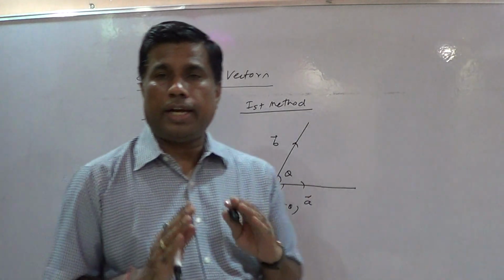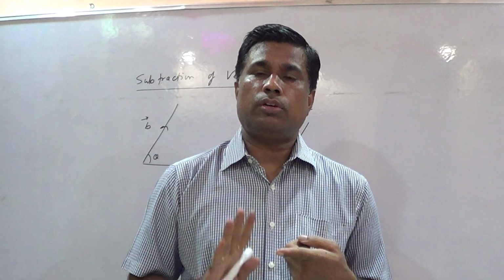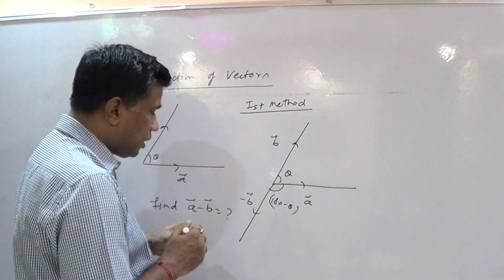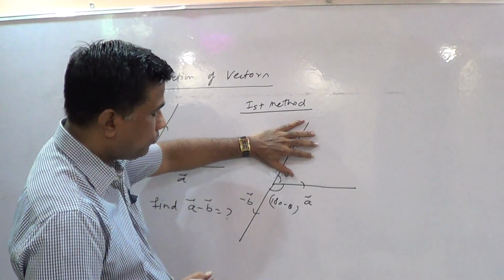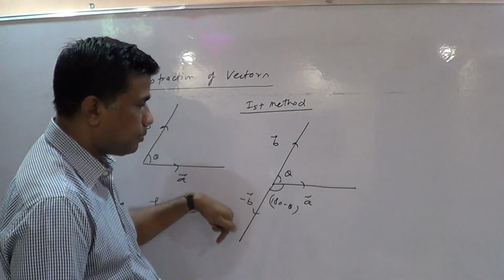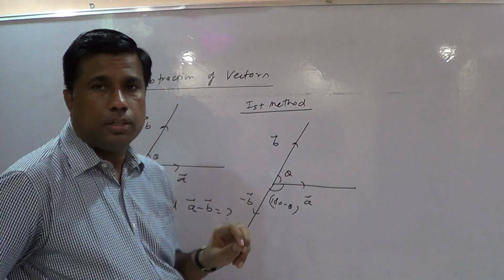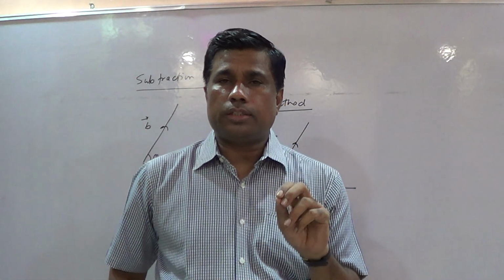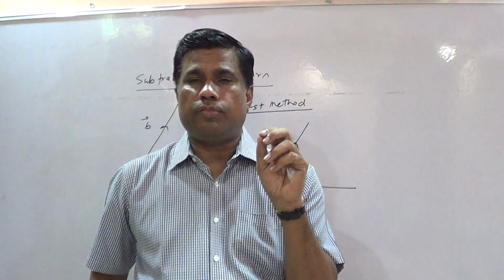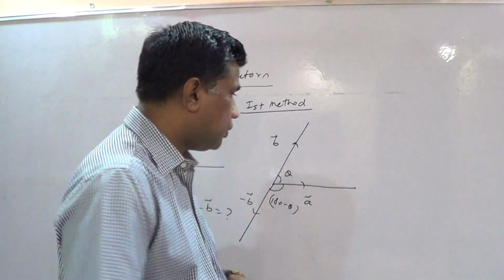Now we are going to add these two vectors A and minus B by the triangular method of addition of two vectors. For a short time you can forget this vector. Keep in mind only this vector A and this vector minus B. Now with the help of vector A and minus B, by addition of two vectors by the triangular method, we can find vector A minus vector B. See how.